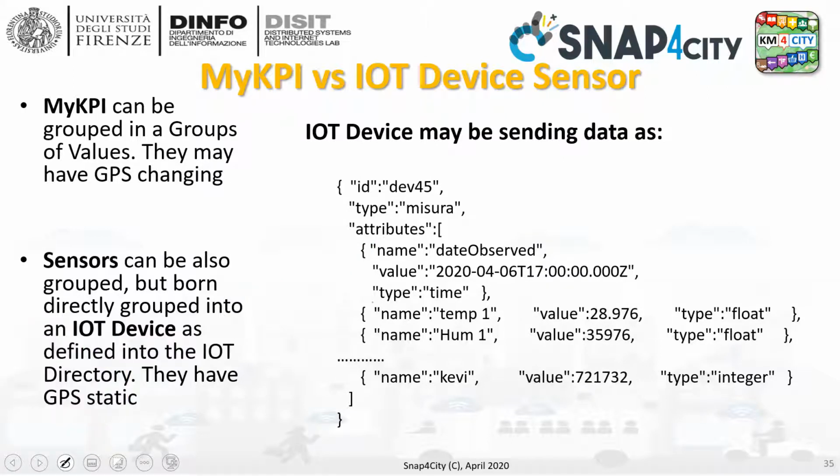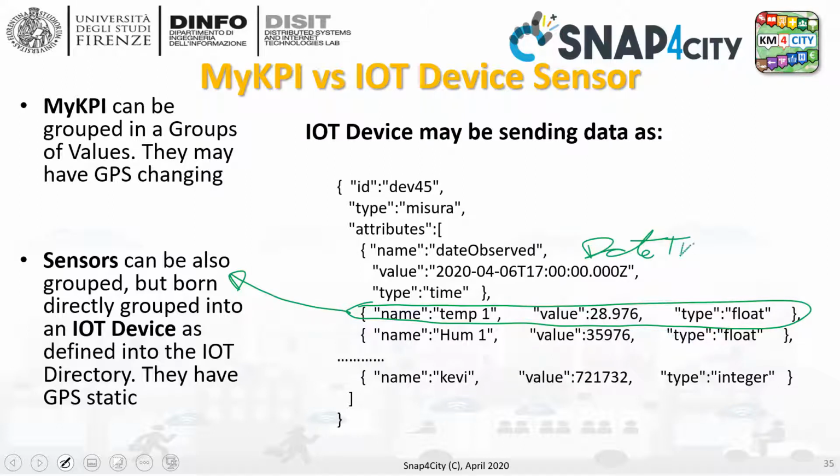This is a sensor and has been taken at this date and time. This sensor, temperature one, is a measure performed attached to a device. The device is the device called Dev45, is a measure and includes some attributes like the date of observation, temperature, humidity, and other variables as well.